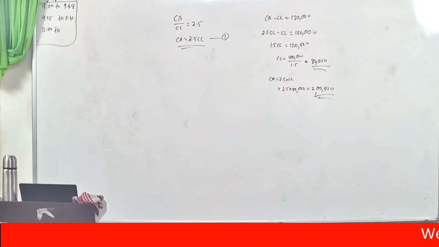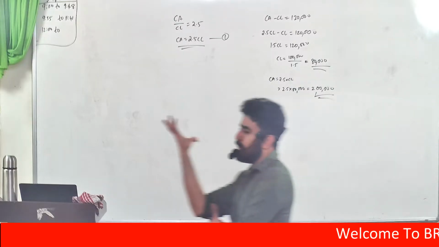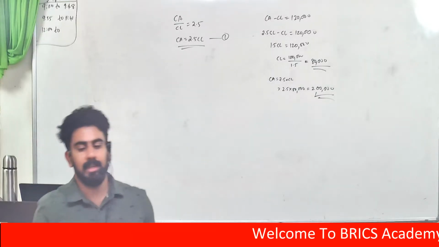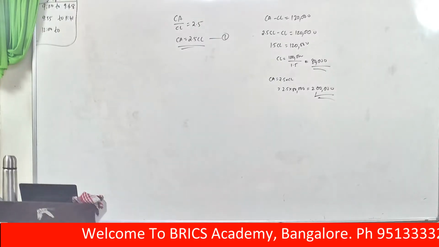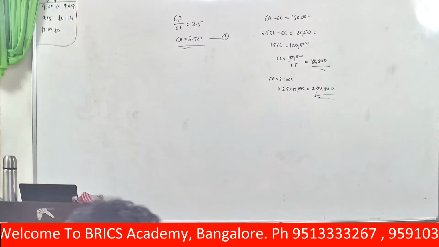This is the easy part of the question. Now you have some small twist. This is a little bit of a Kit Kat question, actually. You had current asset, current liability. Okay. Now find the rest.